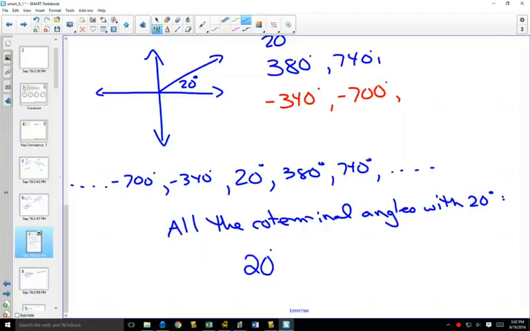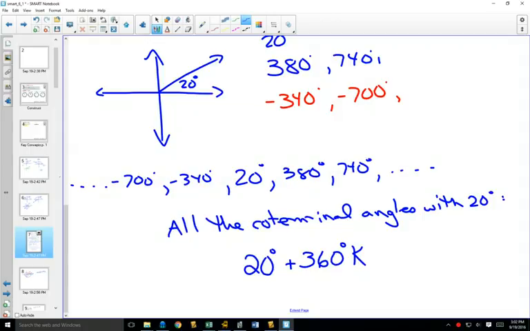Start with your 20 degrees, then add 360 degrees times k. And k can be any positive number, like 1, 2, 3, 4, 5, 6. It can be any negative number, negative 1, negative 2, negative 3, because then we would be subtracting. Or it could be 0, and if k is 0, that would mean that we have 20 degrees.